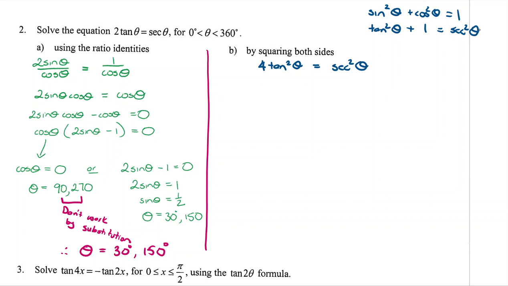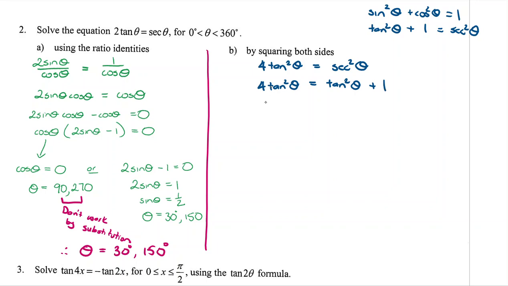Okay, so let's change the equation to either be all in tan or all in sec. I prefer tan. Let's not use an inverse function if we don't have to. So let's change the sec squared to tan squared plus 1.